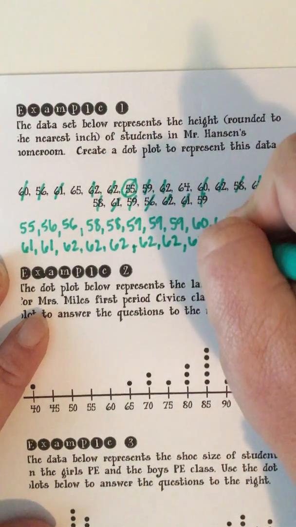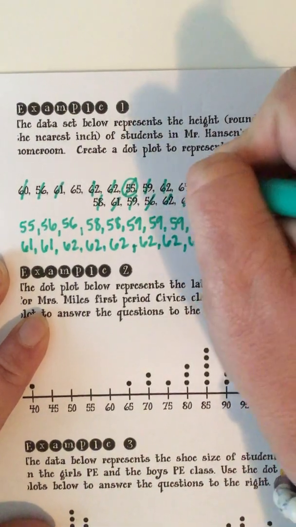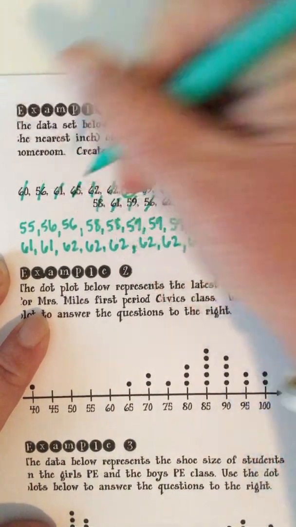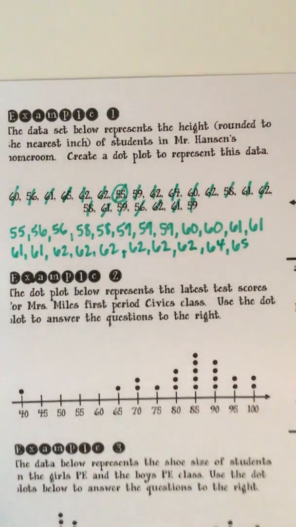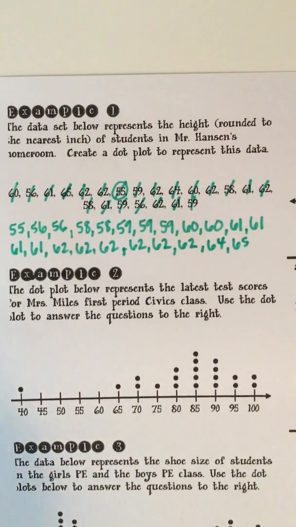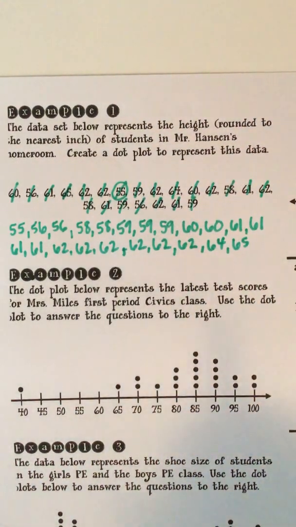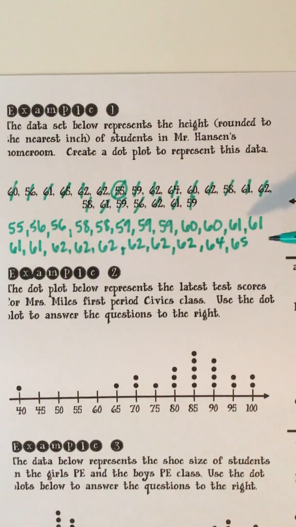There's no 63s. We have a 64, and we have a 65. All right, two reasons for doing this: making sure that you put your numbers in order, which will help you when you make your dot plot, but also making sure that you have all of your numbers and you've used all of them.